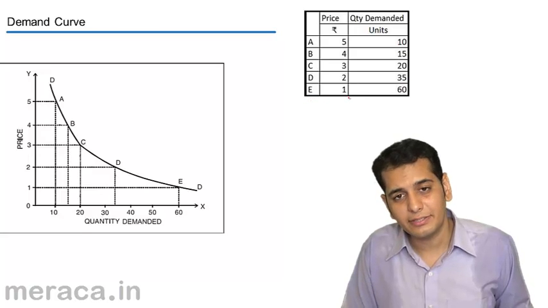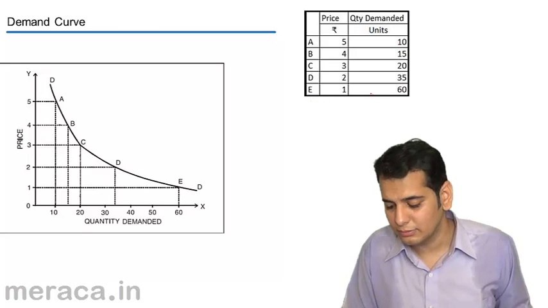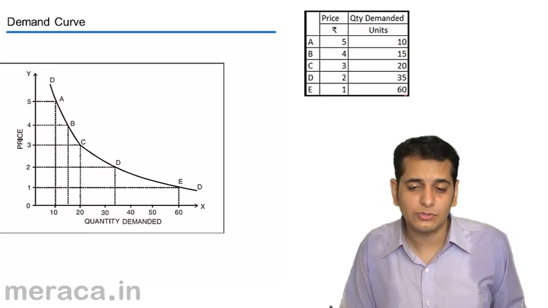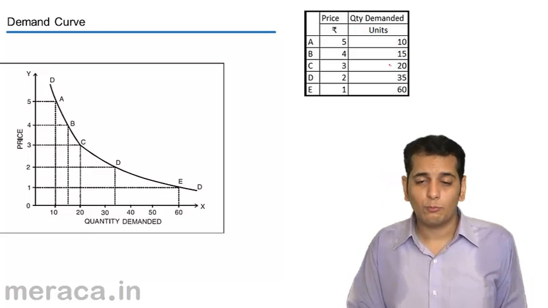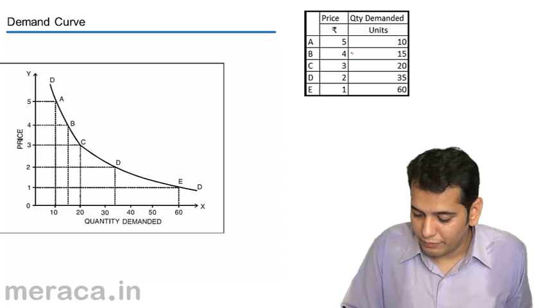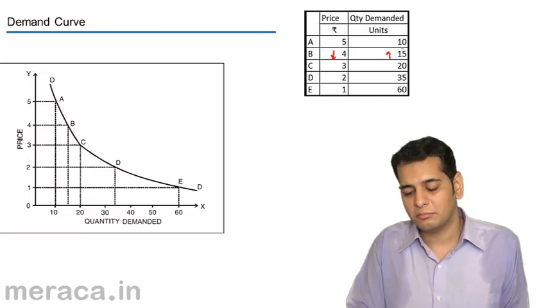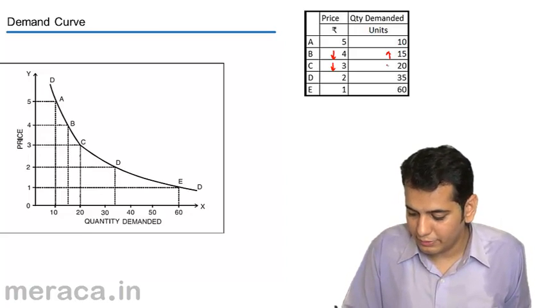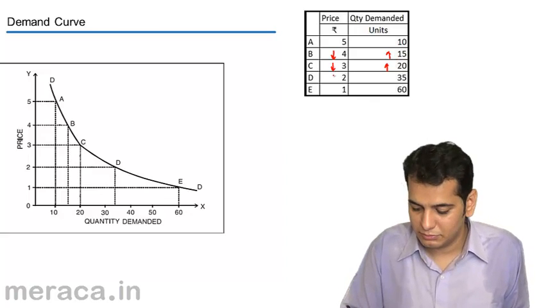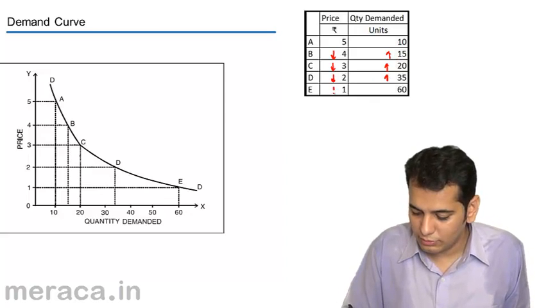And finally, in case E, where price falls to 1, quantity demanded reaches 60. Now what is happening here is, when there is a fall in price, there is an increase in demand, in all the cases.